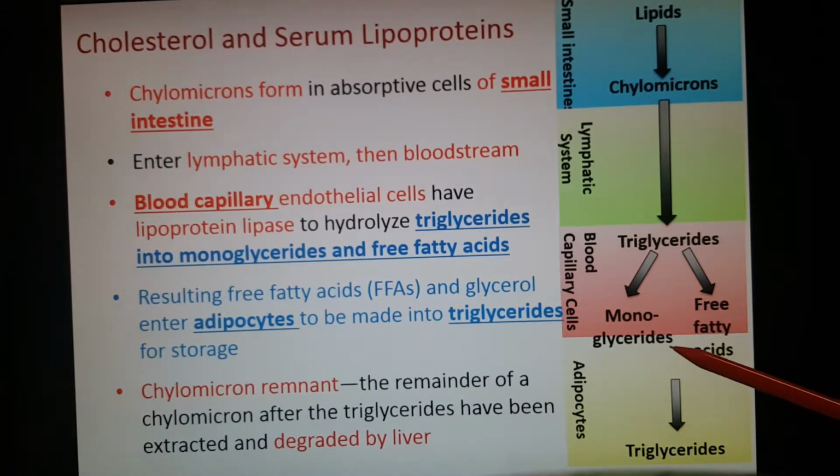Then those monoglycerides and free fatty acids are transported to your adipocytes, and that's where they're repackaged as triglycerides. The chylomicron, after it's gotten rid of its triglycerides, is then sent to the liver so it can be degraded.